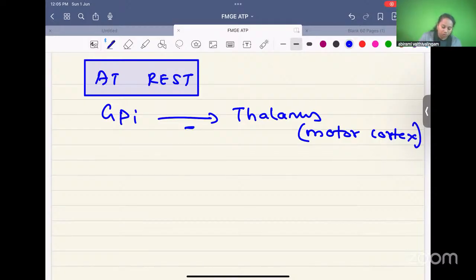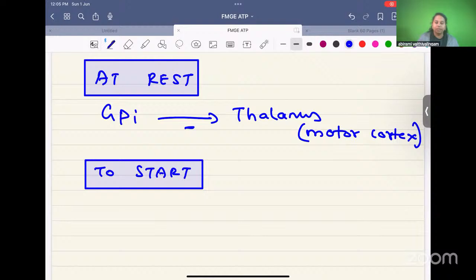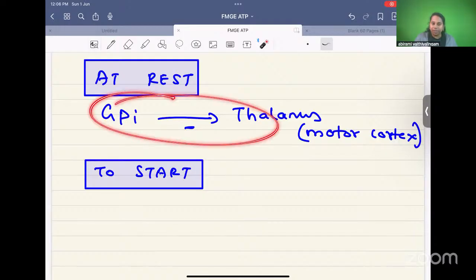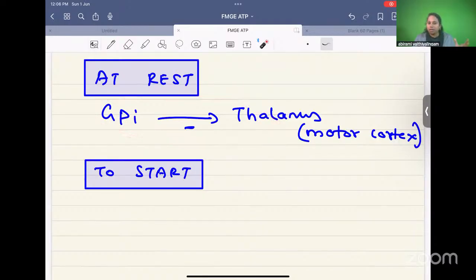Now you want to start a movement. From rest, you're going to start a movement. To keep you at rest, you need this inhibitory connection. When you want to start the movement, you should remove the inhibitory connection. That inhibition will always keep you at rest only. So if you want to start a movement, you remove this inhibitory connection.